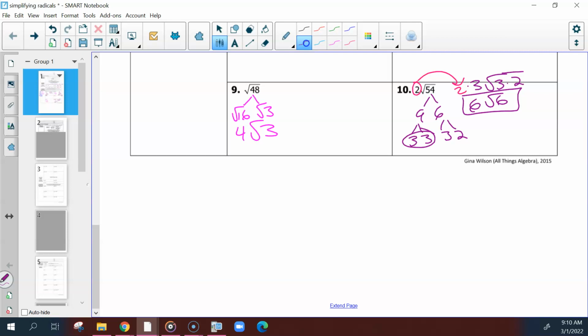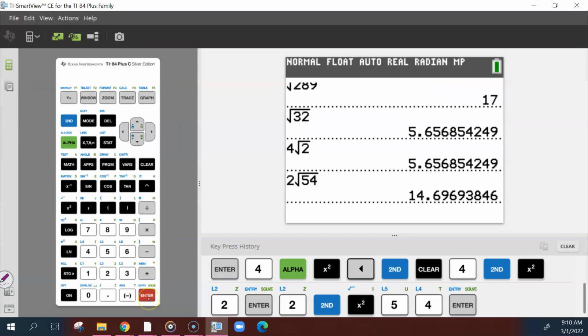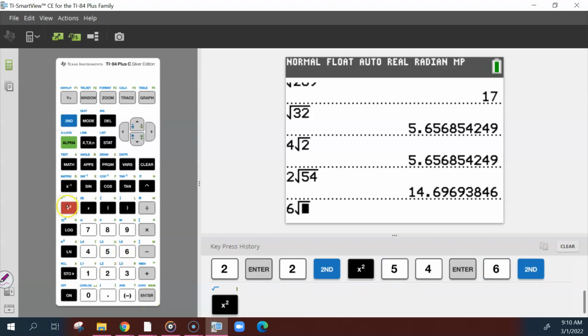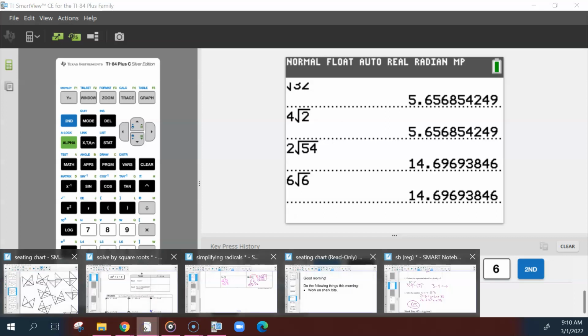So I'm going to put that in our calculator just to make sure we did that correctly. 2 times the square root of 54 and 6 times the square root of 6. So that works.